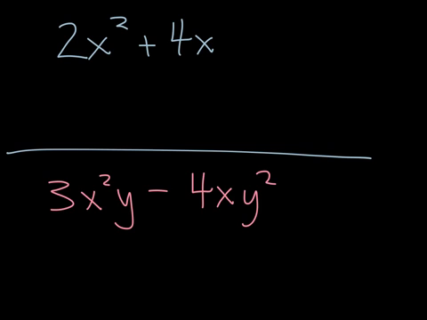Okay, so top one, 2x squared plus 4x. What's the GCF there? Well, here you got to be a little bit careful because we have to look at the coefficients and you have to look at the variables because both terms have x's here. So both of those things are divisible by 2, but they also both have x's.